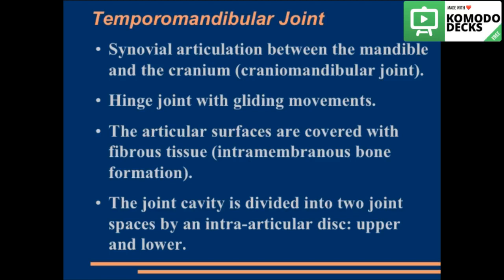Until adolescence, the condyle is an ossification center, where the cartilage is being ossified into bone under the fibrous surface. Lastly, the joint cavity is divided by a disc called the intra-articular disc into two spaces, an upper cavity and a lower cavity.